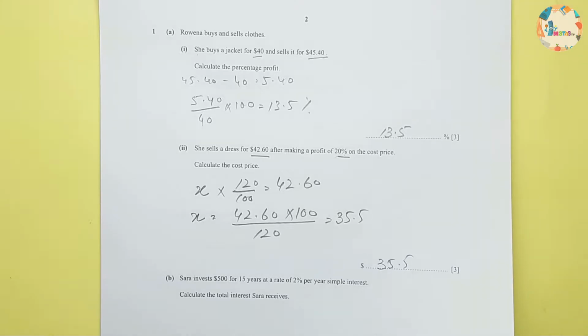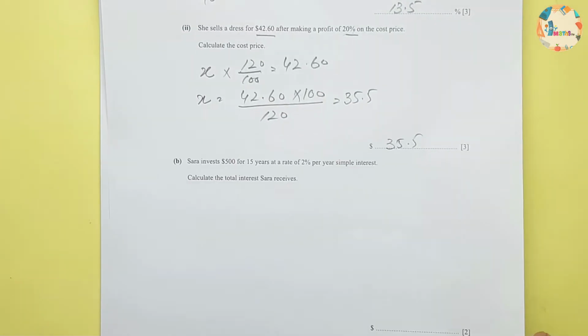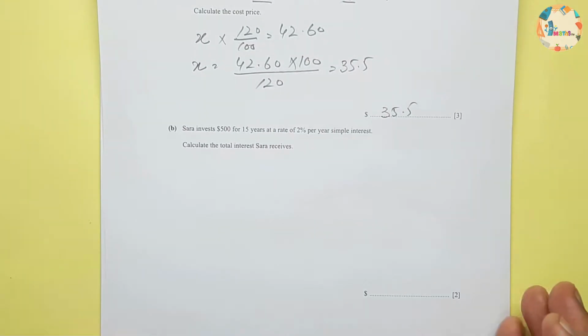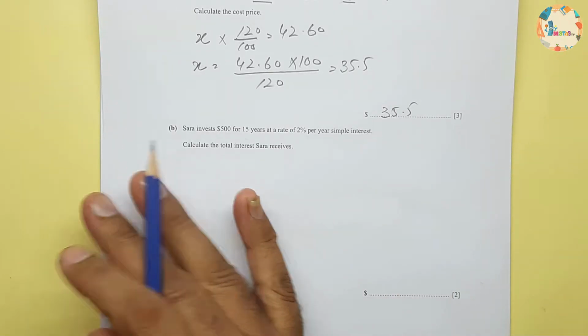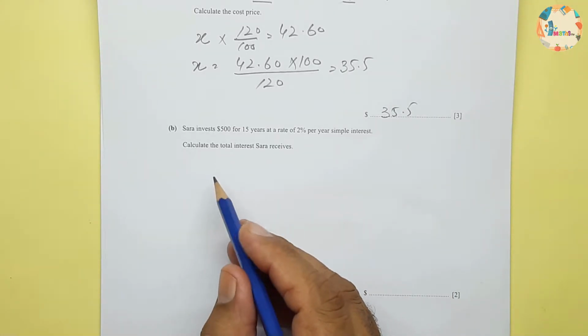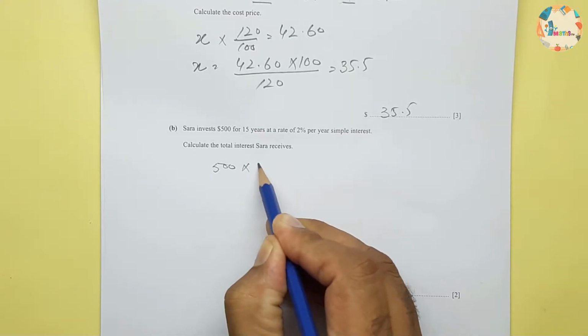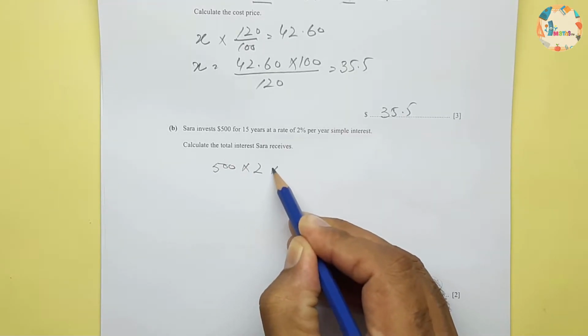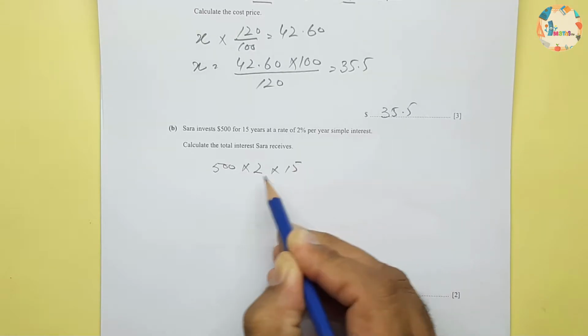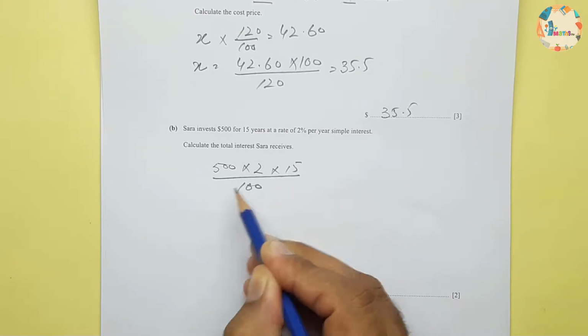Next comes the B part. Sarah invests $500 for 15 years at a rate of 2% per year, simple interest. So PRT over 100. The principal amount is 500, the rate is 2%, and 15 years, divided by 100.